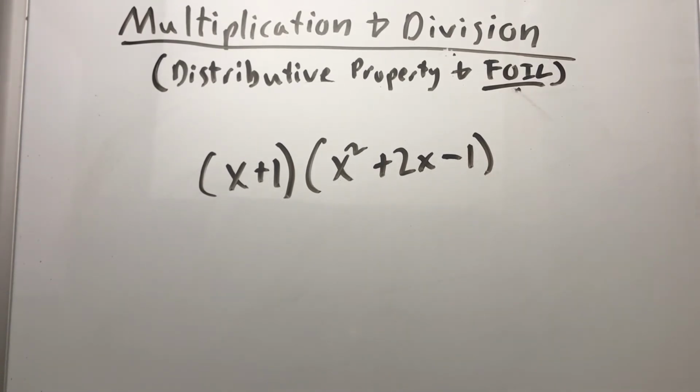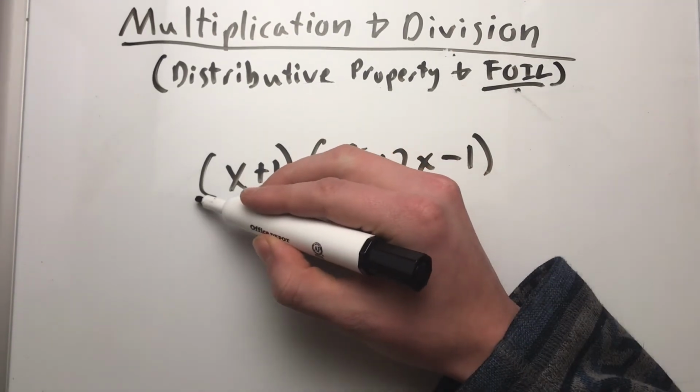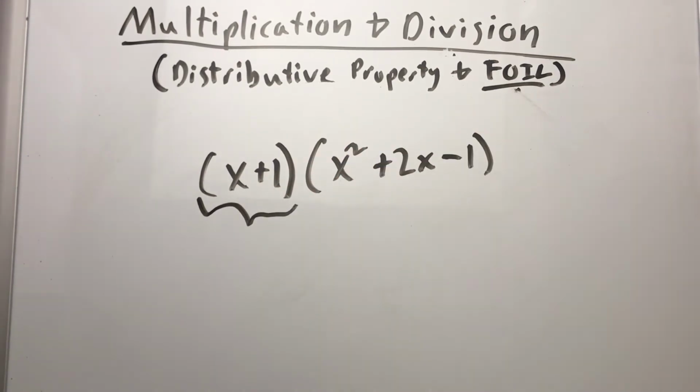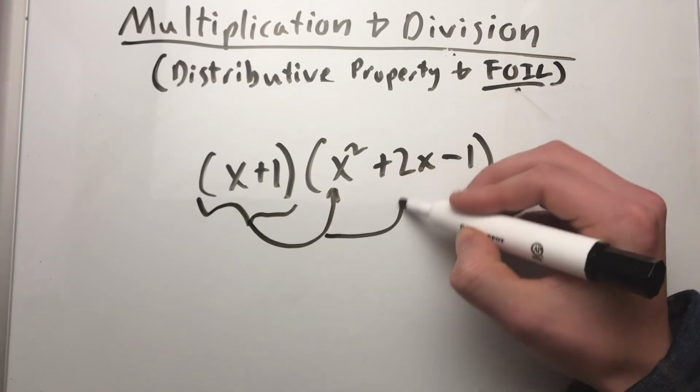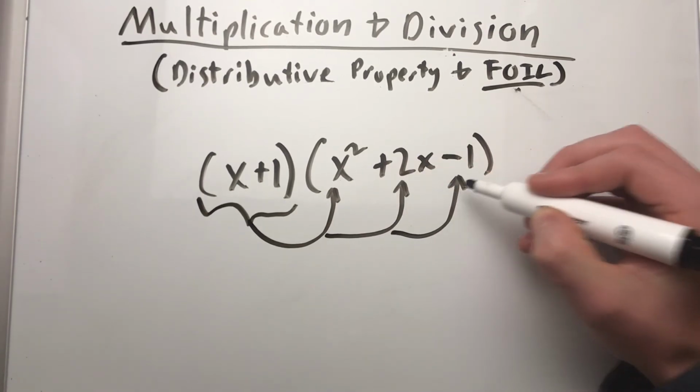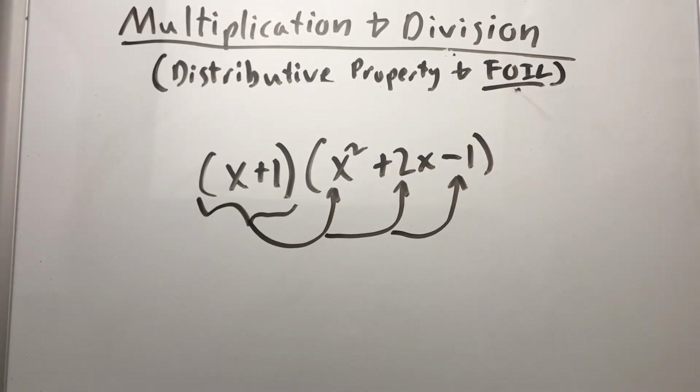So how would we go about solving this one? Well, according to the distributive property, we would take this term that we're multiplying by and apply it to all of the inside terms. Okay, let's do that.